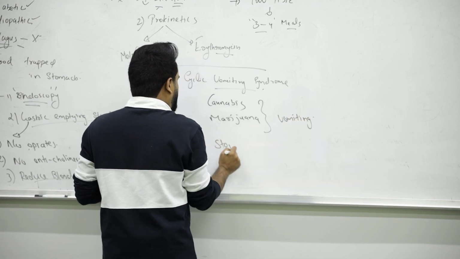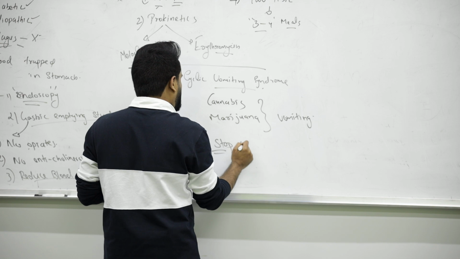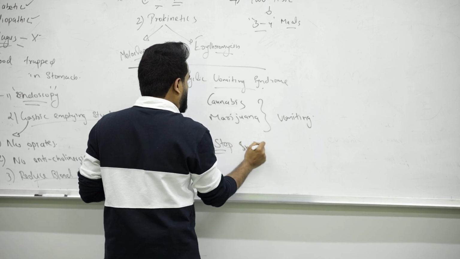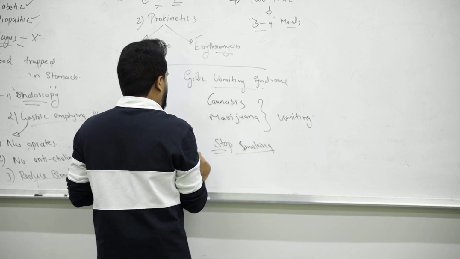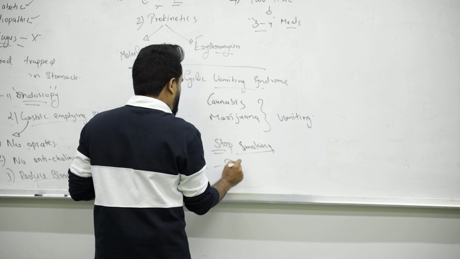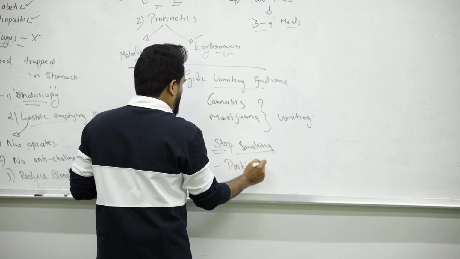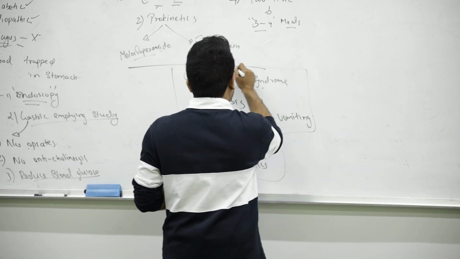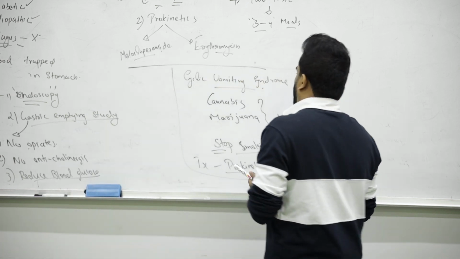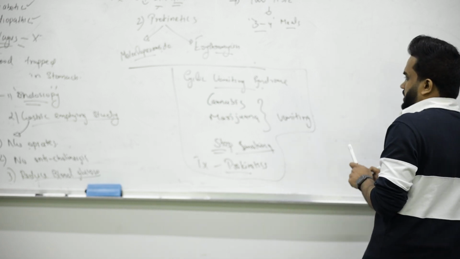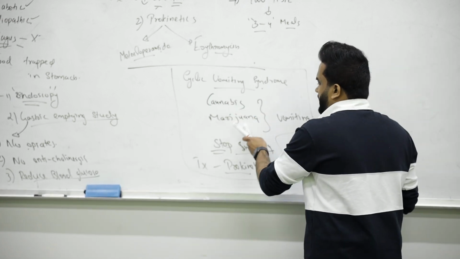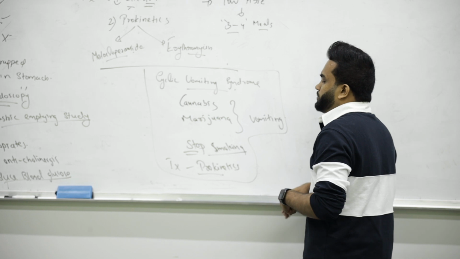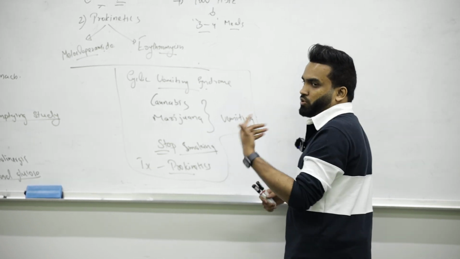If you rule out other things, you can tell them to stop smoking these weeds, and for treatment, again, we can give prokinetics. Here also, to rule out other things, we can do endoscopy. So if there is a history of cannabis or marijuana abuse, they will be vomiting, right?